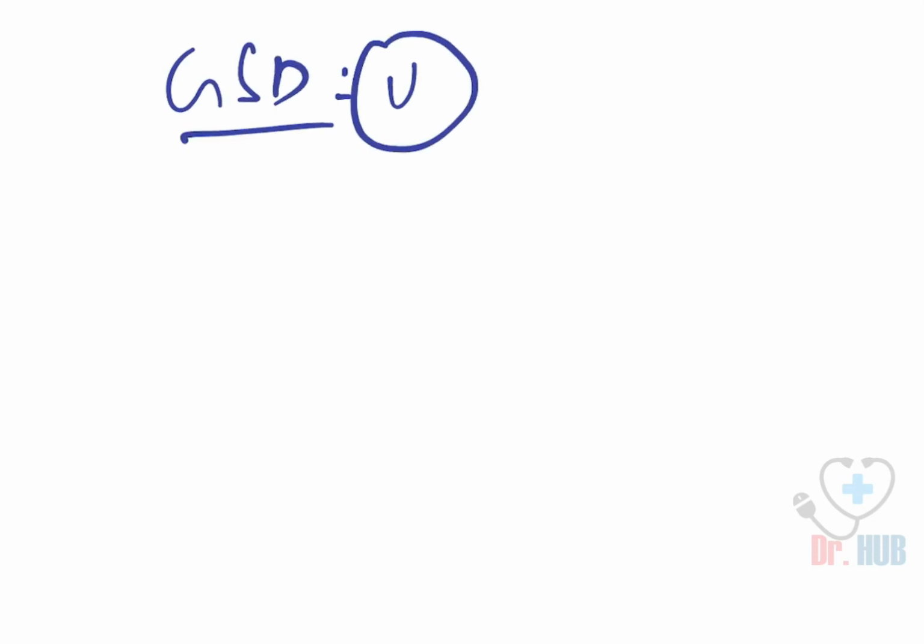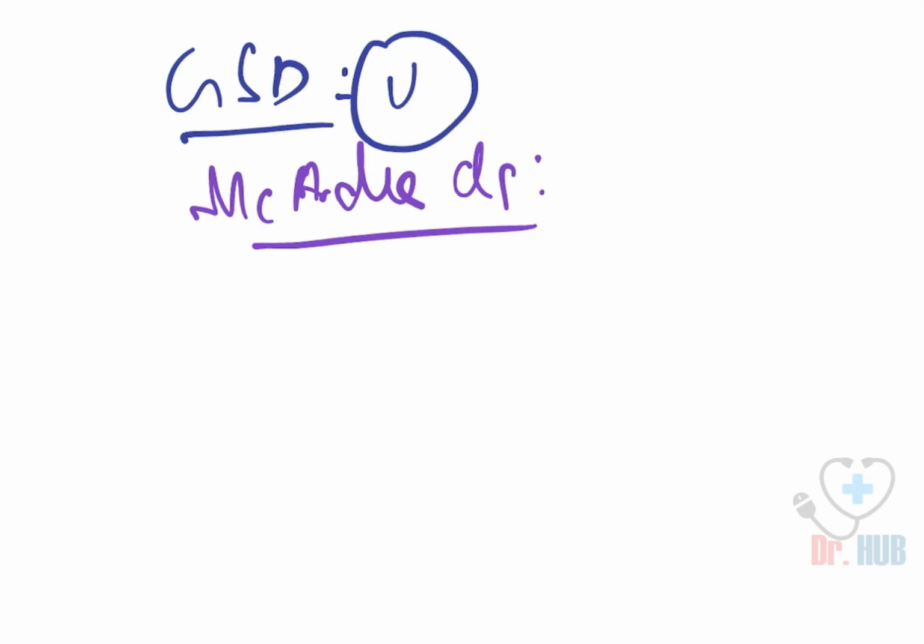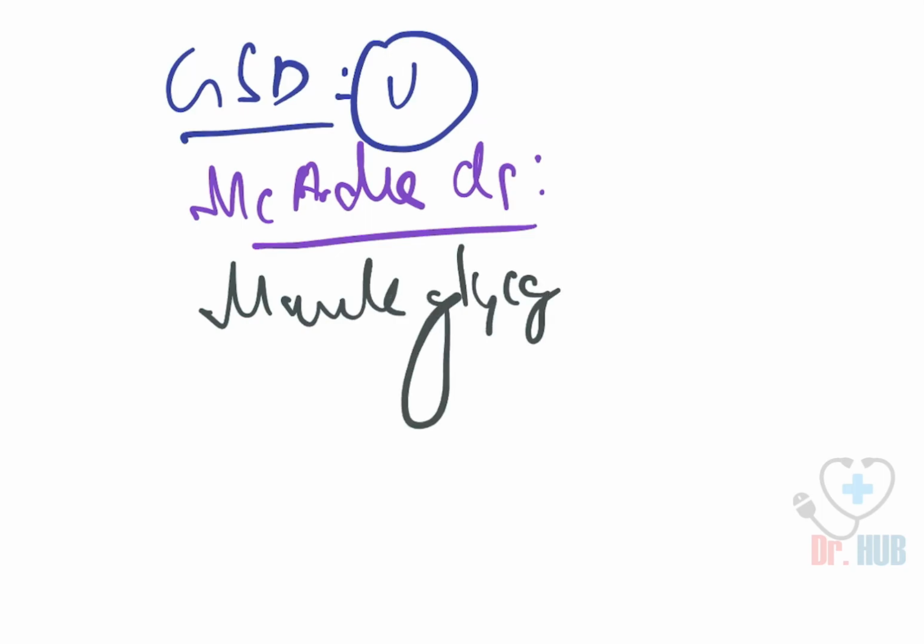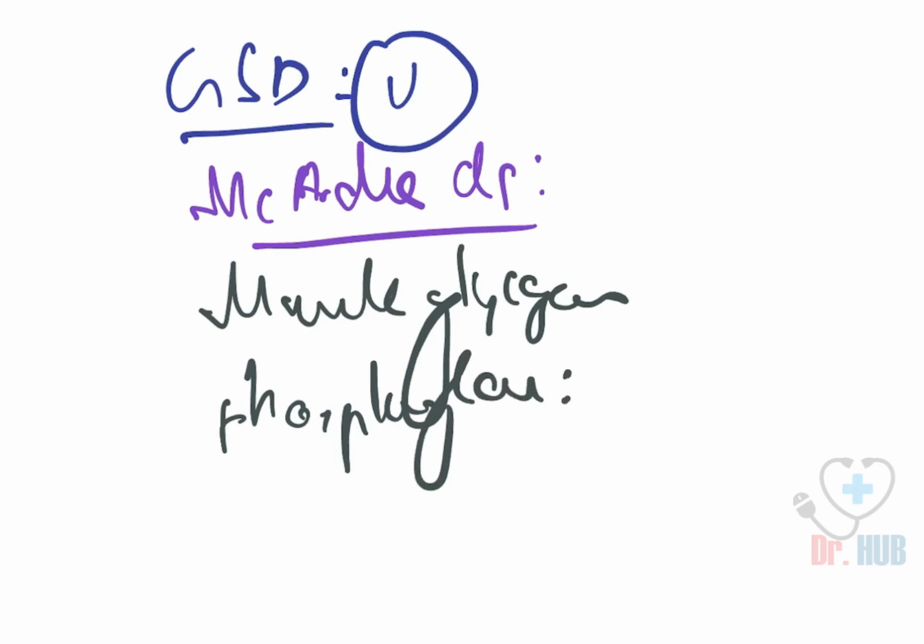Next, jumping on to the GSD 5. In case of GSD 5, it is the McArdle's disease. So what is the enzyme defect? It is the muscle glycogen phosphorylase. So what are the symptoms of McArdle's disease?